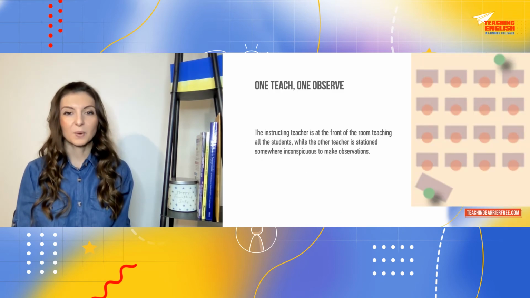Number 6, one teach, one observe. In a one teach, one observe setting, one teacher serves as a primary instructor while the other is simply observing students learning and collecting data, which can be useful in determining what instruction takes place next, seeing which students need additional help, deciding what co-teaching model may be used next to address any identified needs, and identifying and tracking helpful school services such as individual plans, functional behavior assessment, behavior intervention plans, or response to intervention.